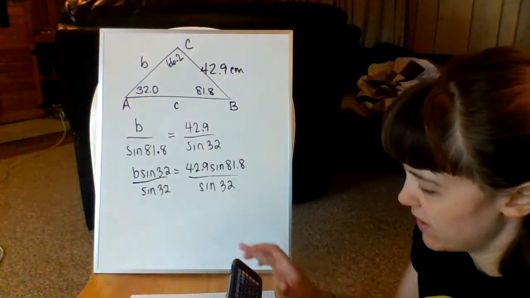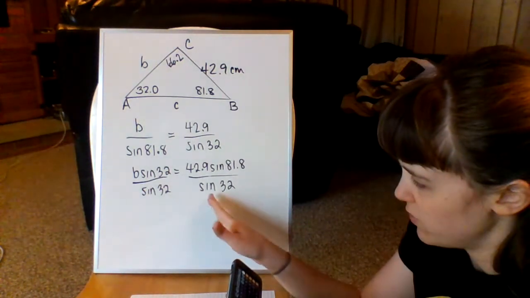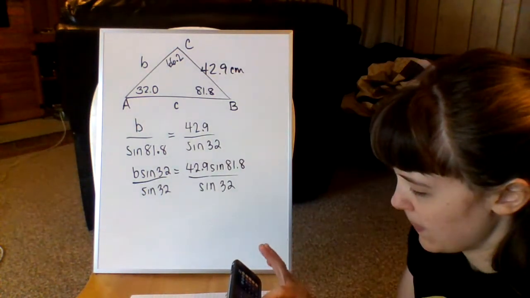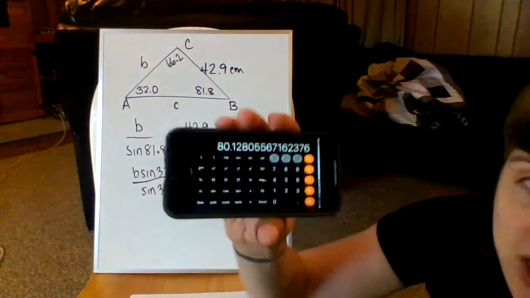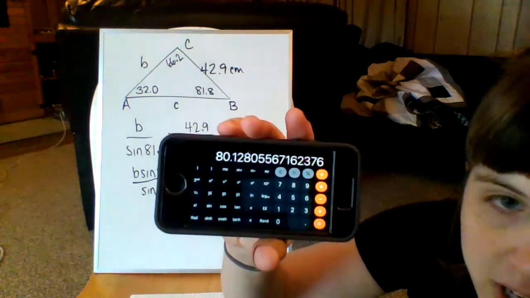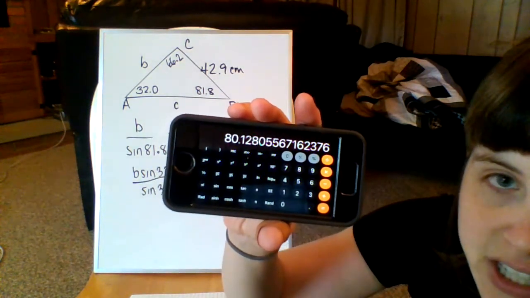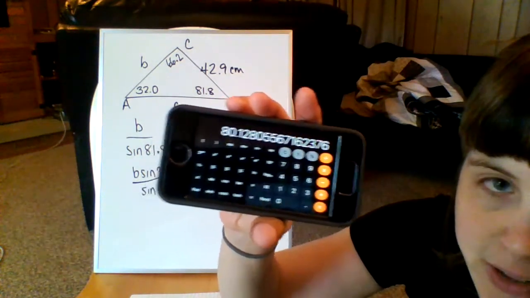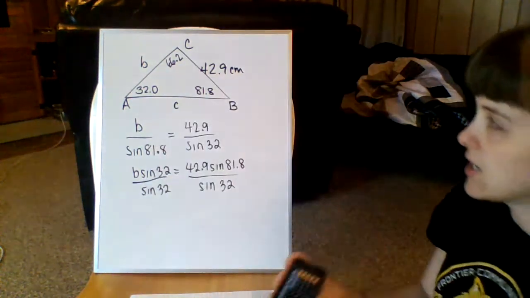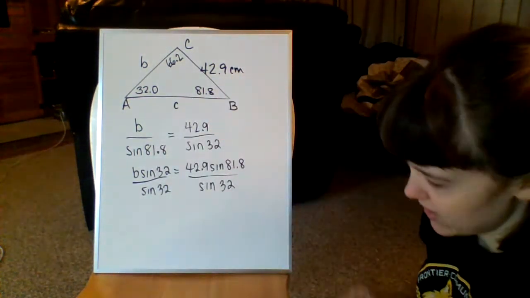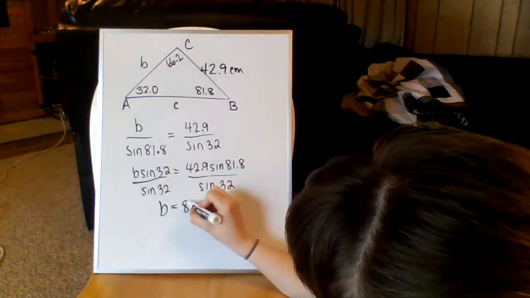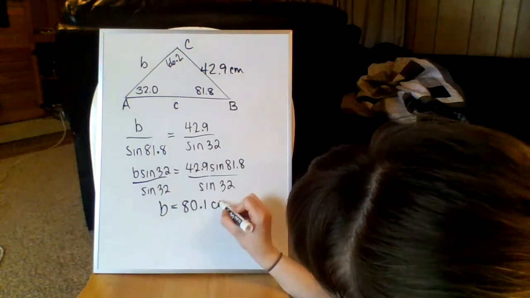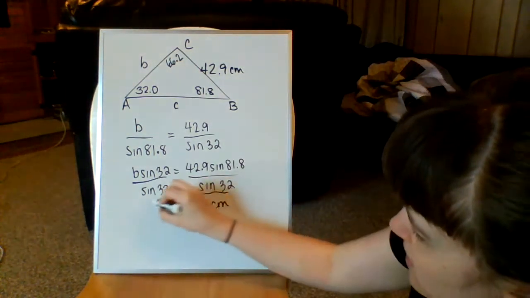Then divided by 32 sine, and press equals again. What we should get is 80.1, because we're going to round to the nearest tenth. So 80.1 centimeters, because we're measuring in centimeters. So B equals 80.1 centimeters.